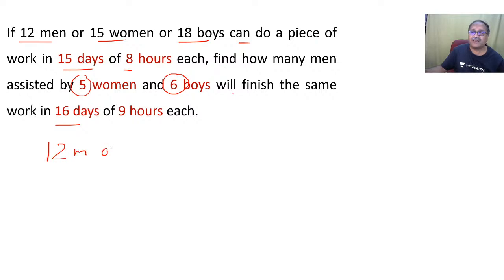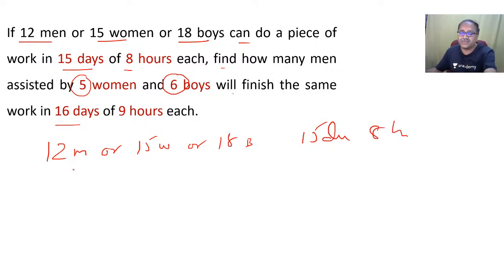12 men or 15 women or 18 boys can do a work in 15 days working 8 hours a day. So I can equate this, and from here I get the efficiency.